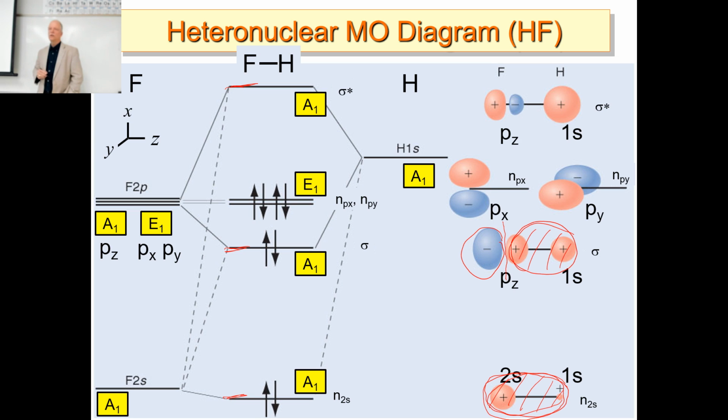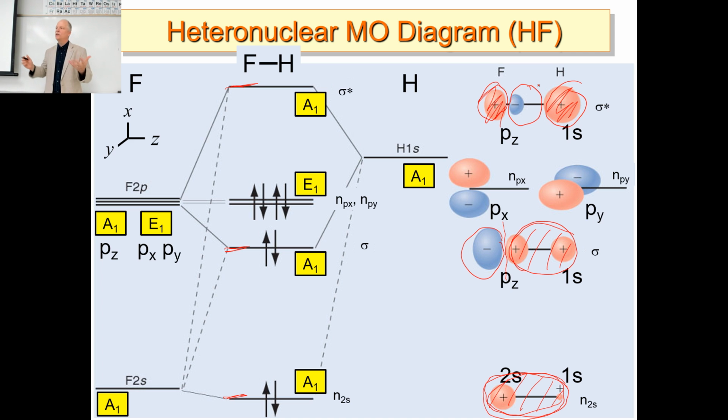So we have 0 nodes at the bottom, 1 node in the middle. What do you think the top one has? It has 2 nodes. So if you came up here, they have the PZ out of phase with the hydrogen 1s. And if you drew this, then that would be great.